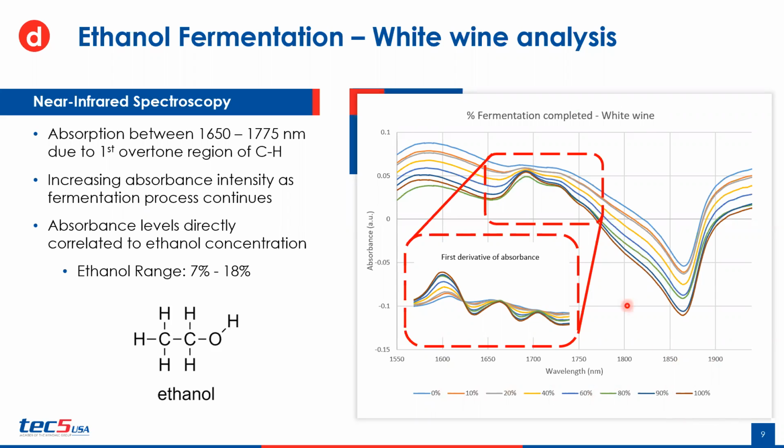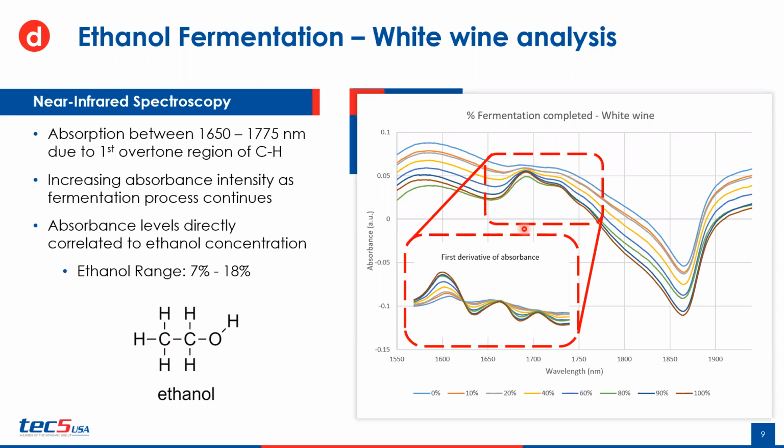Looking at the spectra itself, we're observing the absorbance spectra of the white wine sample in the near IR spectral range. This inset here in red is the absorption between 1650 and 1775 nanometers, and this is due to the first overtone region of the CH groups in ethanol.